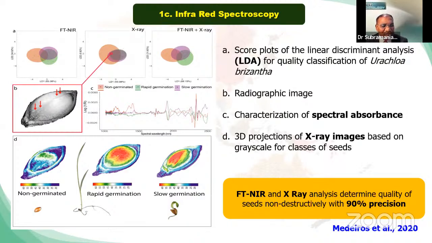You could see at the bottom of the screen the seeds that are poor in germination versus the high vigor seed lot, where there is a distinct difference in IR spectra. By doing this IR spectrum, we can discriminate good and bad quality of seeds.